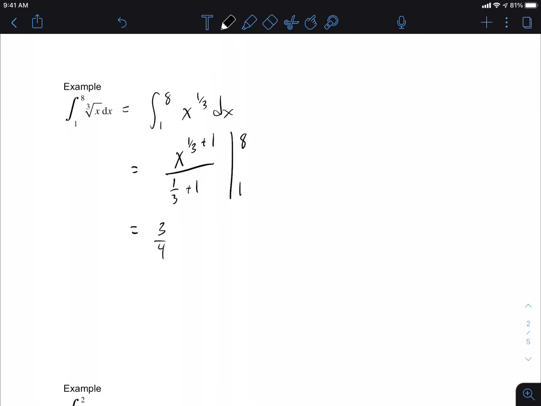So this would be 3/4 x to the 4/3 evaluated from 1 to 8, which tells me I'm going to get 3/4, and I'm going to factor out the 3/4. So I'm going to get 8 to the 4/3 minus 1 to the 4/3, right? From the fundamental theorem of calculus part 2.